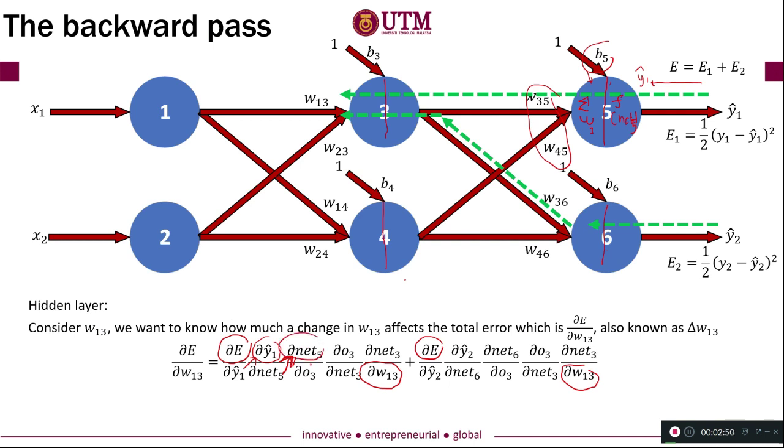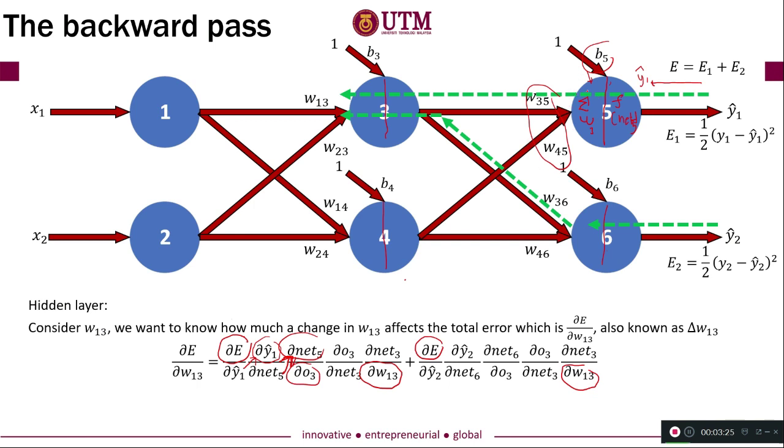So how to know this one should be del O3? If you go to the net 5 here, okay, net 5 there, this one is a little bit different from the previous one, because you want the flow going into that direction. You don't want to stop the expression there.